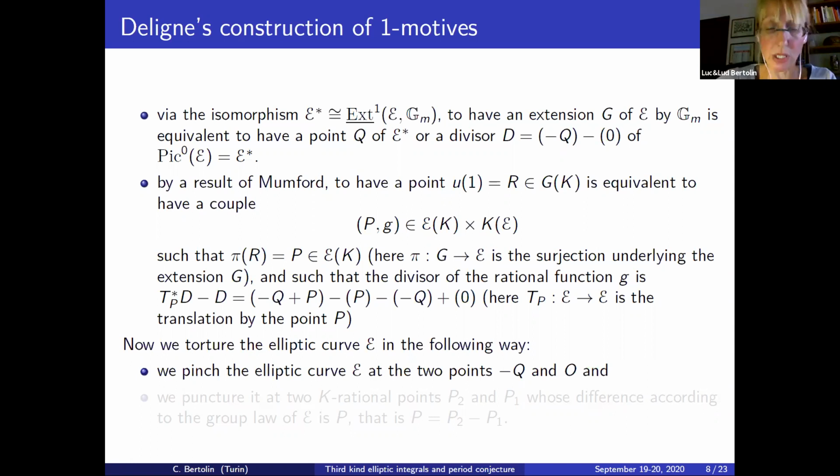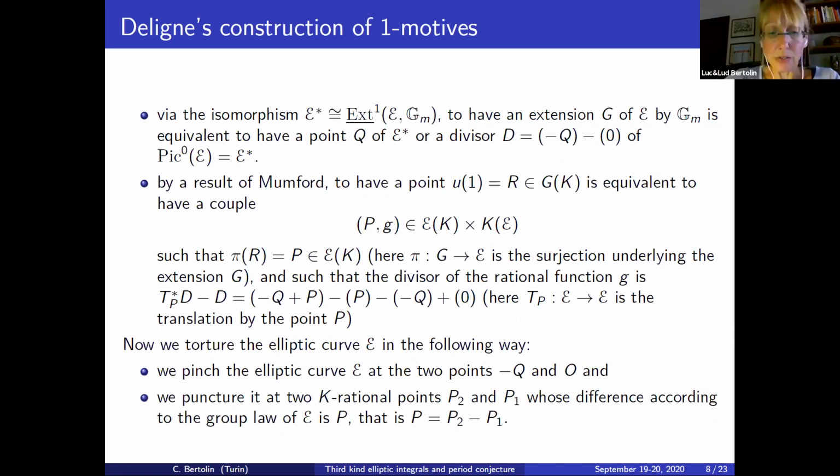We have first to pinch the elliptic curve at 2 points, minus Q and 0, and then to puncture the elliptic curve at 2 rational points, P2 and P1, whose difference, according to the group law of the elliptic curve, is the point P. This is the original construction of 1-motifs given by Deligne in Théorie de Hodge III.